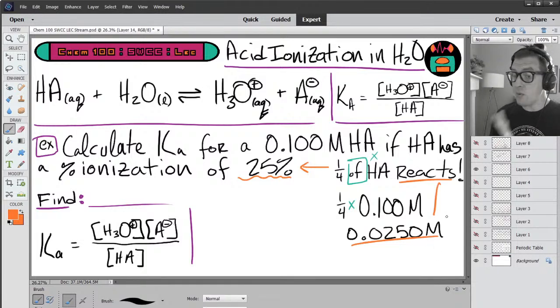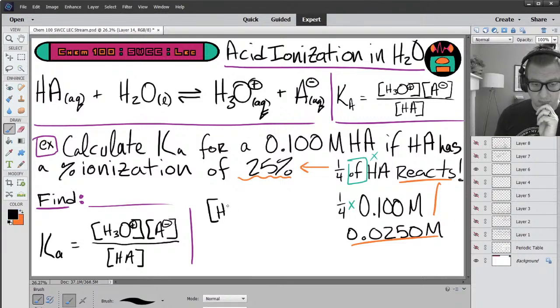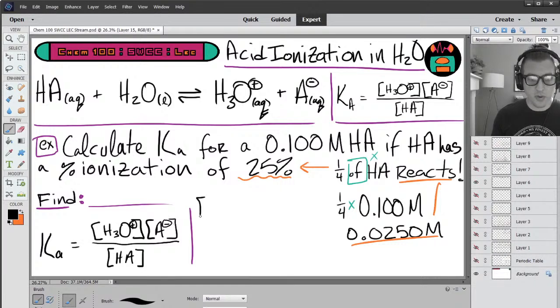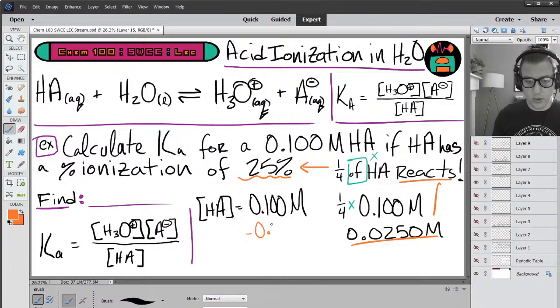And this is the amount of HA that reacts. So if you want to know the concentration of HA that's left, you got to take the initial amount and subtract 0.0250 molar.